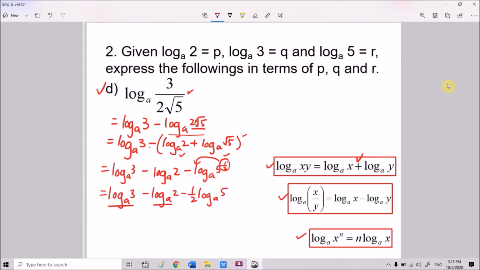Then the rest I just replace with the Q minus P minus 1 over 2 R. So always remember, you need to move the power to the front here before you replace this with R. Okay, so this is your final answer.